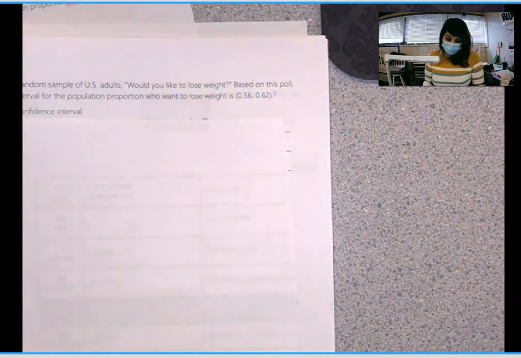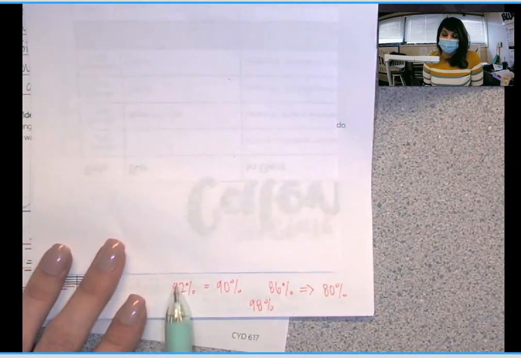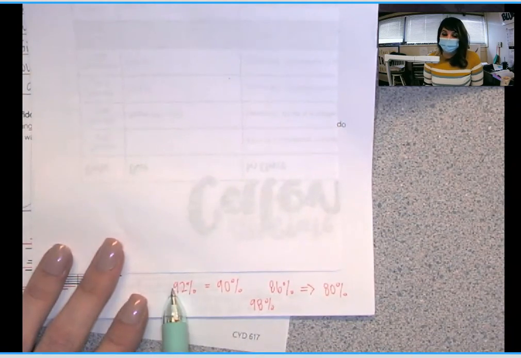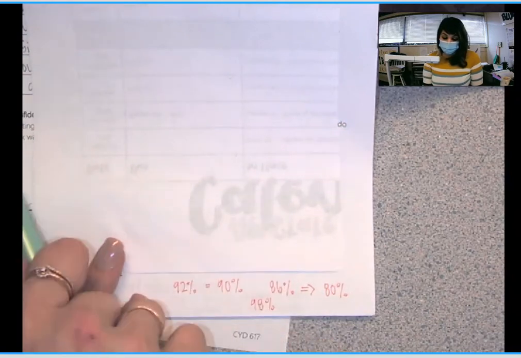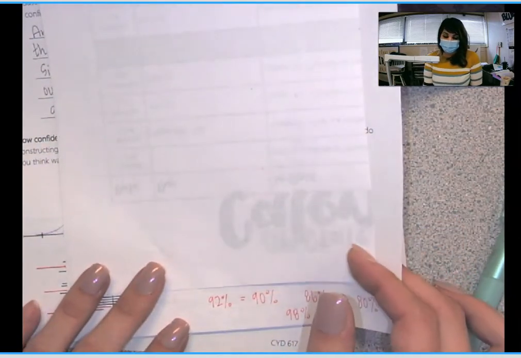I realized right after I said it that we want to go the closest one on our pink table below. If this is confusing and you have any questions about this, email me or ask me in class and I can verify that your answer is right. So if you're unsure, email me what you think your answer is or tell me in class and I will verify whether or not you're on the right track.